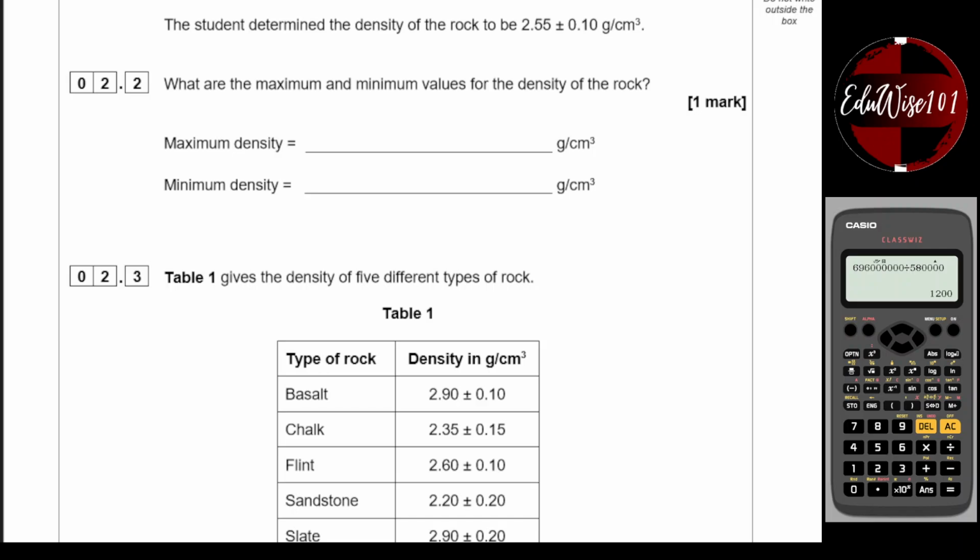So the maximum value, you would simply add 0.1 to 2.55. If you add 0.1 to 2.55, it should be 2.65. That's the maximum value. And if you take away 0.1 from 2.55, that would be 2.45.